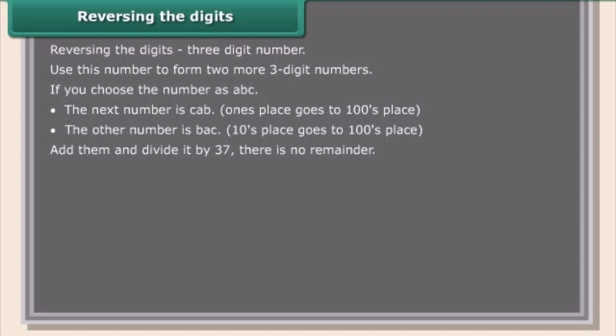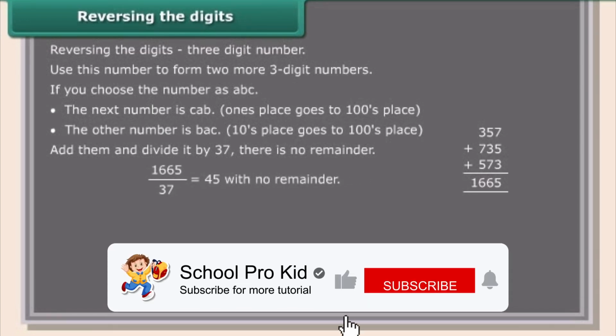There is no remainder. 357 + 735 + 573 = 1665. 1665 divided by 37 is equal to 45 with no remainder.